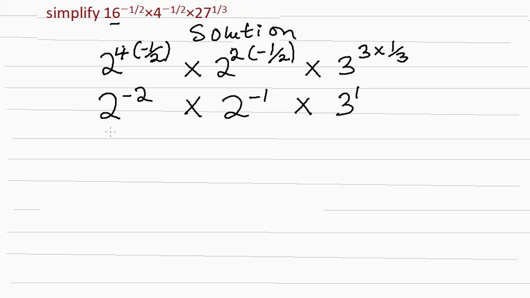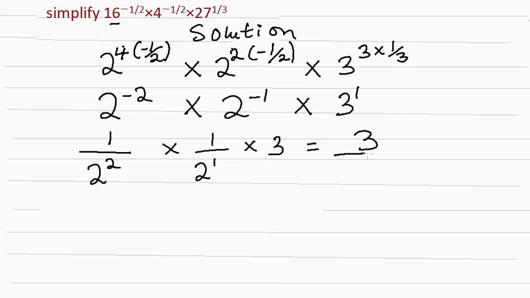This is the same as 1 all over 2 raised to the power of 2 times 1 all over 2 raised to the power of 1, times 3. So we have 1 over 4 times 1 all over 2 times 3. This is going to give me 3 divided by 4 times 2, that is 8. So 3 all over 8 is the final answer.